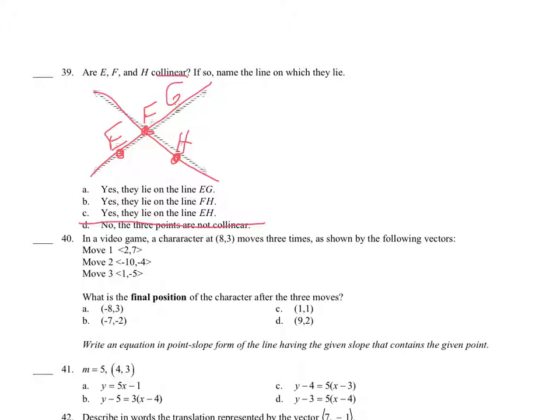Number 40. In a video game, a character at 8, 3 moves 3 times as shown by the following vectors. So what we're going to do with all of these, and I'll draw that in green over here, we're starting at 8, 3. Notice that it says that the first move is positive 2, which means we're going to add 2 to the x-coordinate, and we're going to add 7 to the y-coordinate.